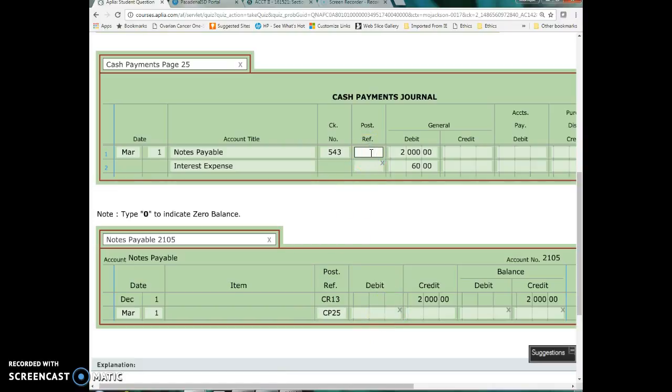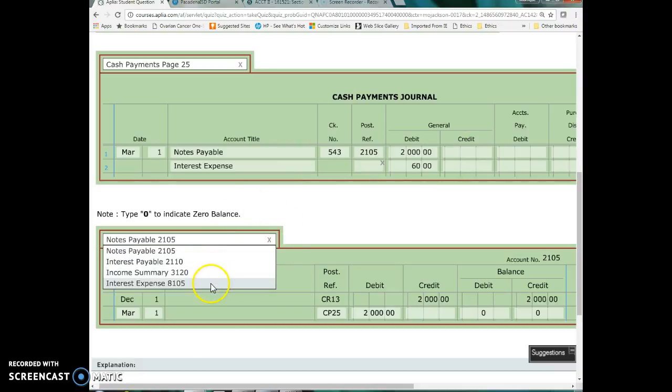Post reference 2105. What are we posting? A debit of $2,000. With a credit entry, 0. We now have 0 note. That's why we can burn it. We owe no more of that note.